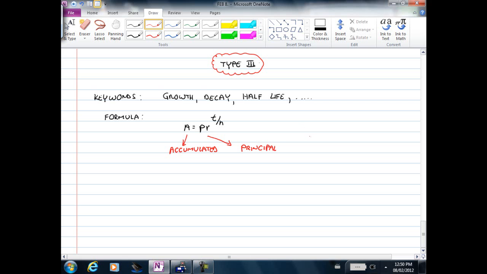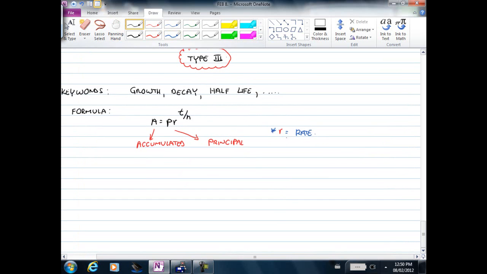R. Here is where the first trouble comes in. I'm going to put a star beside R. R is basically your rate. I'm going to write a few things down right now because a lot of people have trouble with R. I'm going to give you an example.